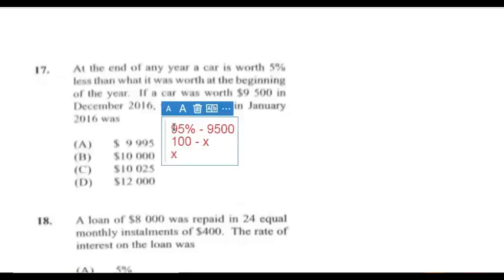So we'll cross multiply, and we now have 9,500 multiplied by 100, and all of that will be divided by 95%.